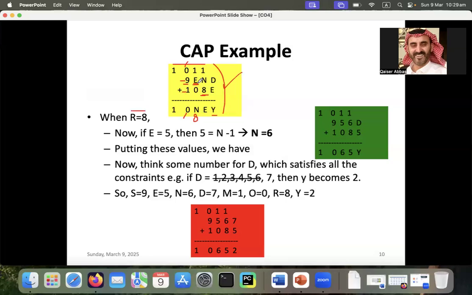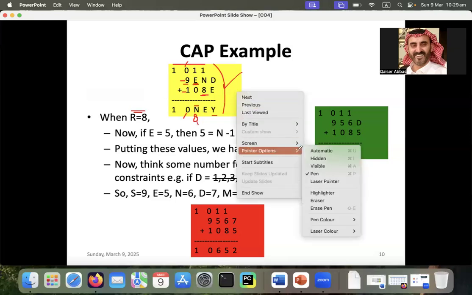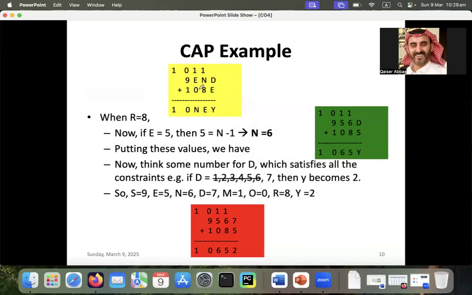Clear or not? I cannot take this E is equal to 7 because then you are getting 8 for the N. And 8 is already done with the R. So it means that 7 is not the right answer for this E.